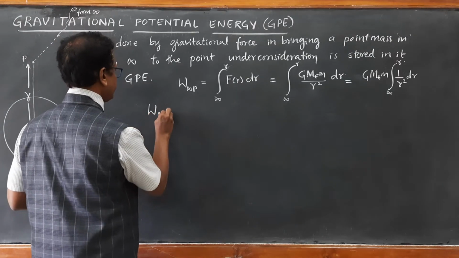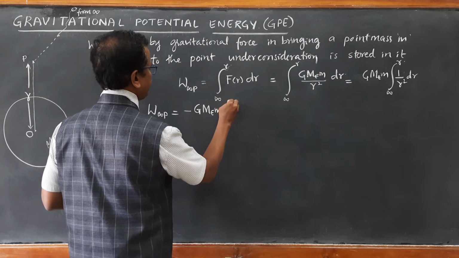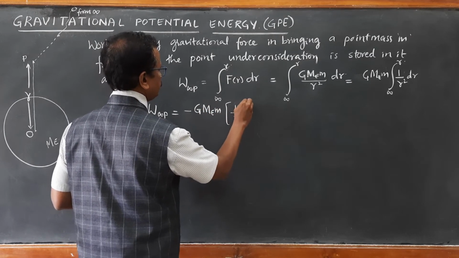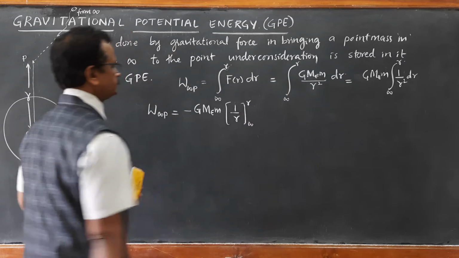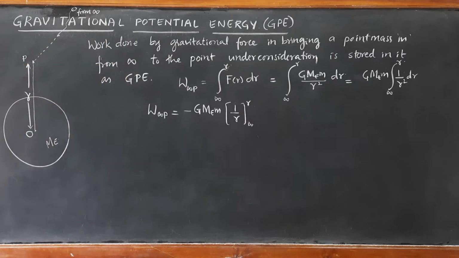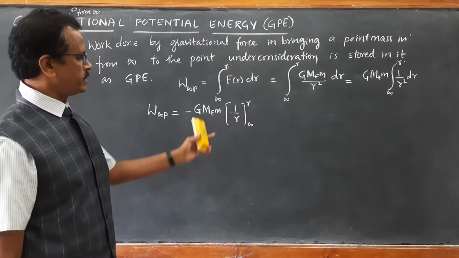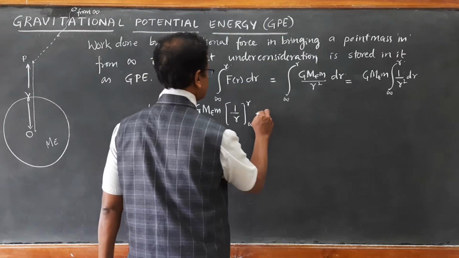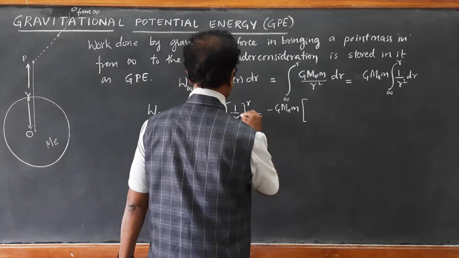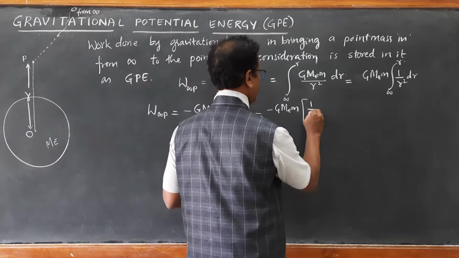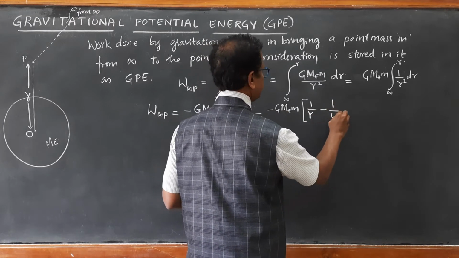Therefore, from infinity to point P, the work done becomes minus G M_E m into 1 upon r from infinity to the position r. You can take this position with a different notation also, but since r is the notation for the distance, I have taken r itself. Therefore, it becomes minus G M_E m times 1 upon r minus 1 upon infinity, the upper limit being r and the lower limit infinity.